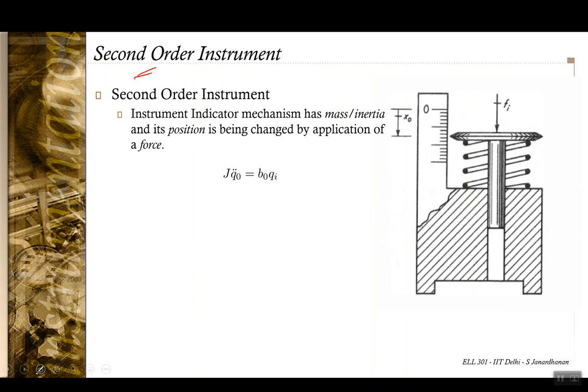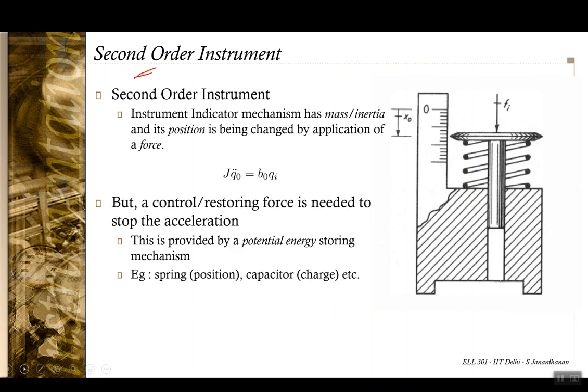Now, if a force Fi is applied to a mass, then you will have some acceleration, and again it is impractical that it keeps on accelerating. If it keeps on accelerating, a reading cannot be taken anyway.